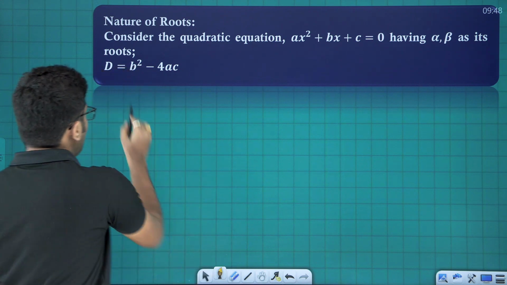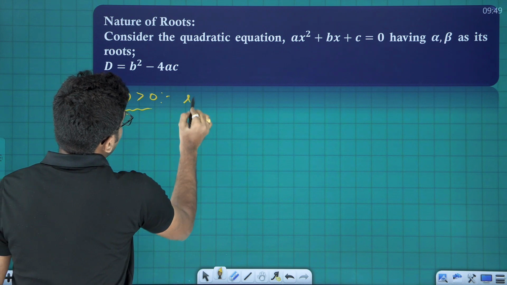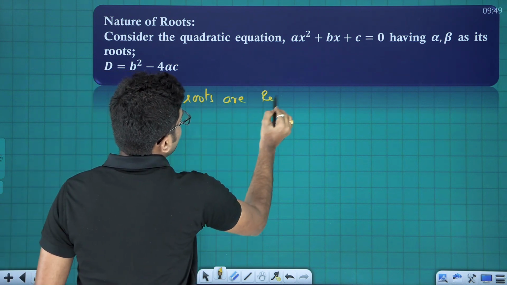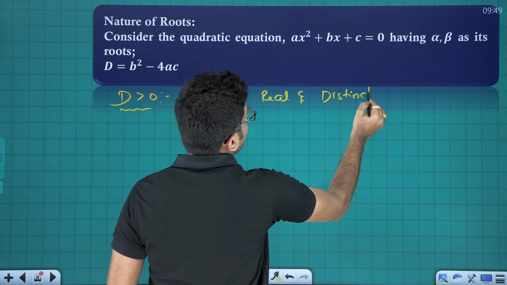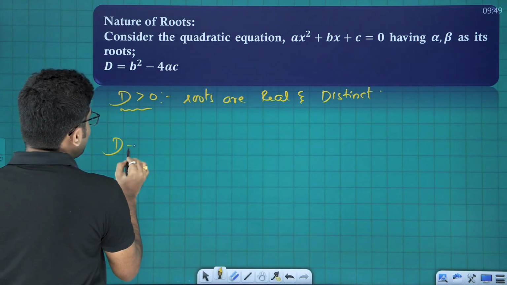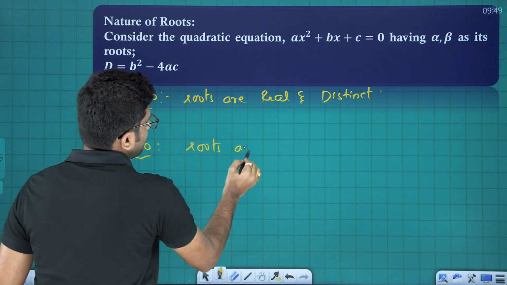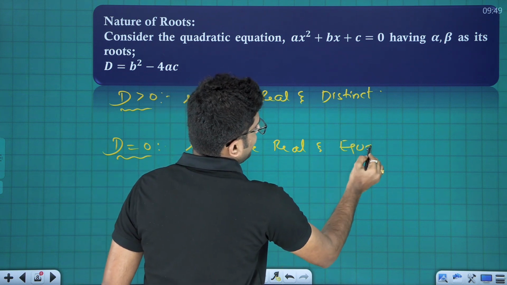Next, nature of roots. We all know, friends, if the discriminant is greater than 0, then roots are real and distinct. If the discriminant is equal to 0, roots are real and equal; we say repeated roots.